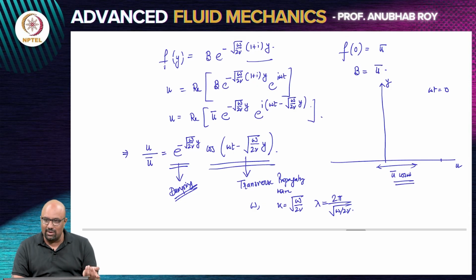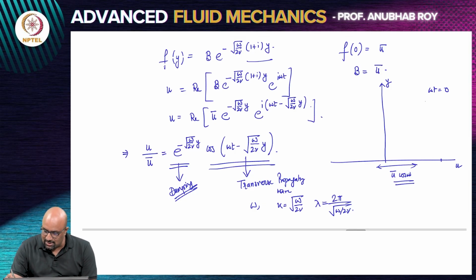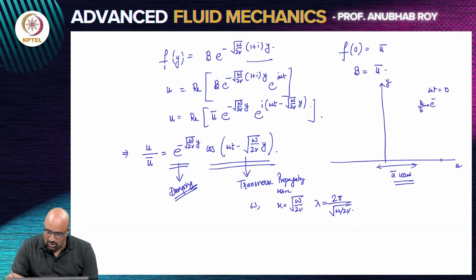So at t equals 0, the plate has a velocity u bar. It is oscillating, that's the maximum speed which it has. So it starts with a velocity u bar. Now if you plot the function at this instant, the velocity u by u bar is exponential of minus square root of omega by 2 nu y times cos of square root of omega by 2 nu y.